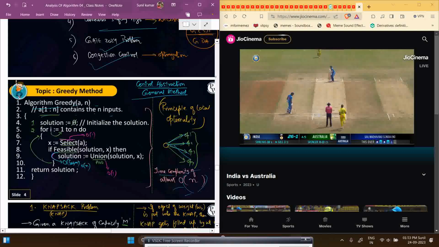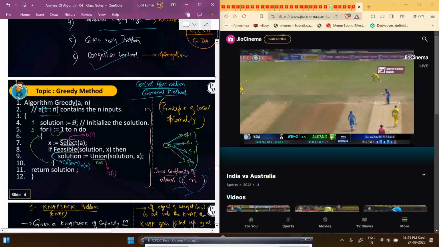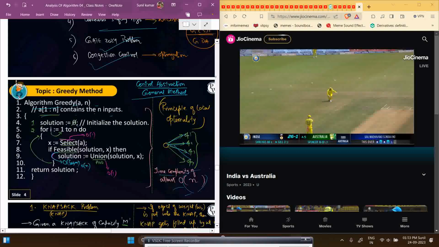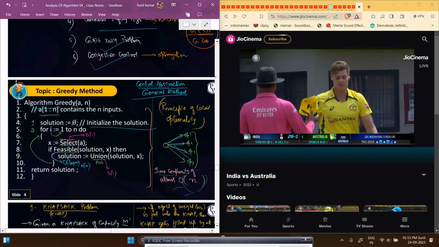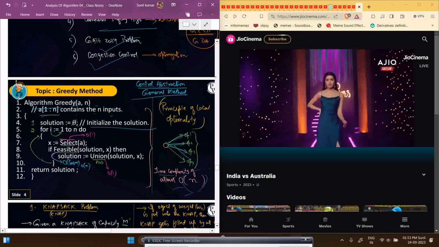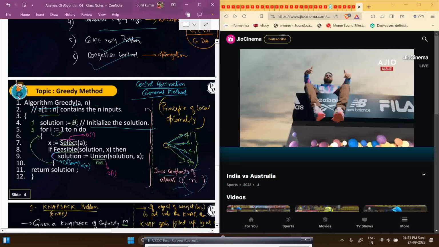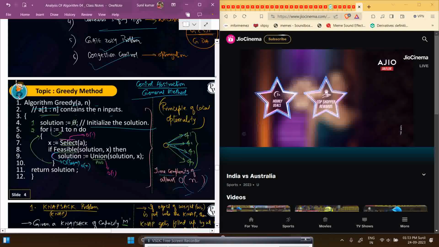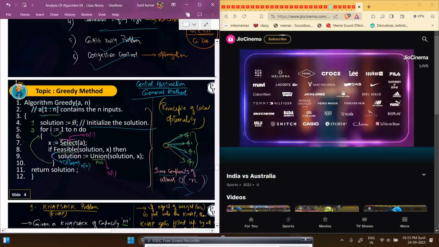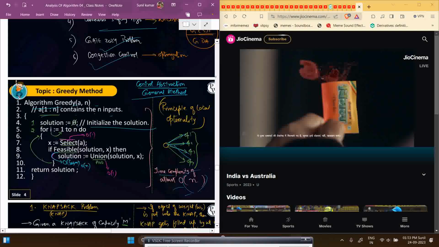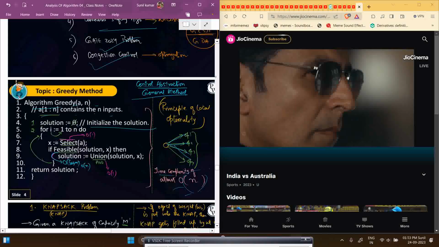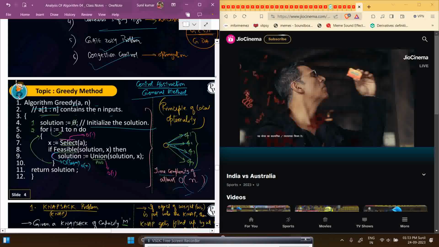Solution is equal to initialize the solution. For i equal to 1 to n, do x select A. If feasible solution, x, then solution is equal to union of solution and x.